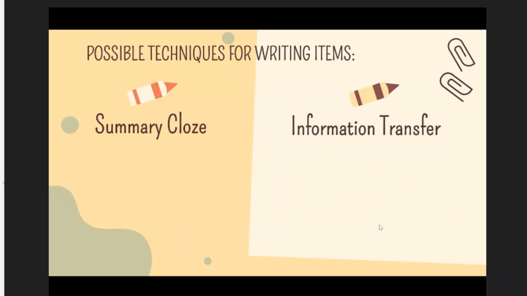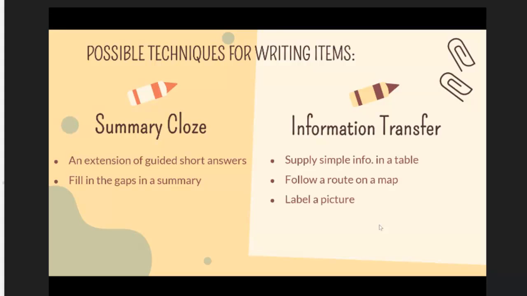And then we have cloze. This is an extension of guided short answers. Students will fill in the gaps in a summary. And for information transfer, students are supposed to supply simple information in a table, follow a route, a map, or label a picture.